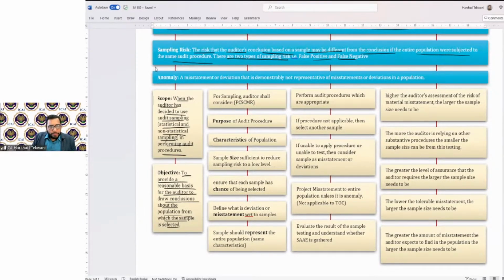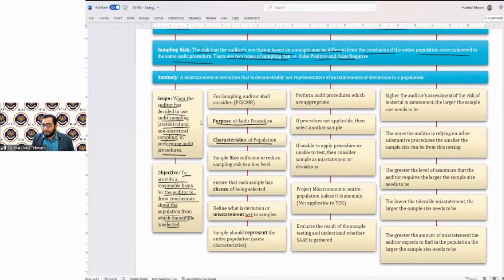That is, the purpose of the audit procedure. Why you want to have this particular audit procedure. The purpose of the audit procedure will help you to decide how much sample you need to select and how much testing you need to perform in detail. Then characteristics of population.